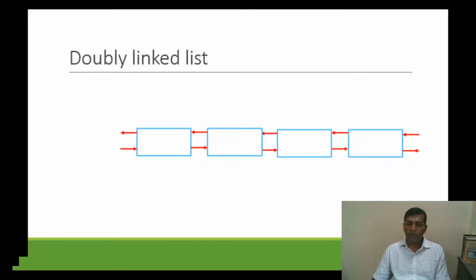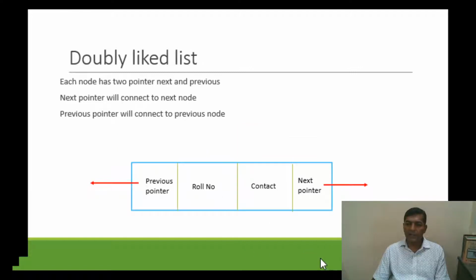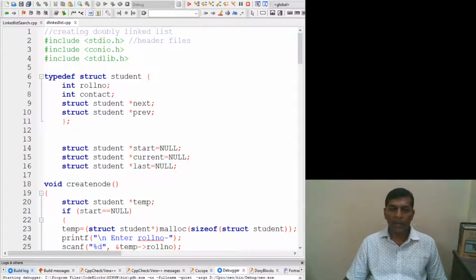This doubly linked list needs to have a node first. This node can be written in the programming language in this particular manner. We will have to write a structure.